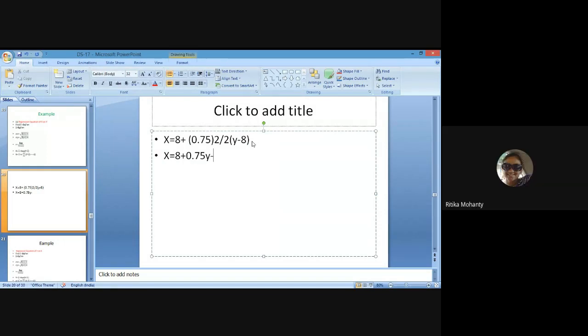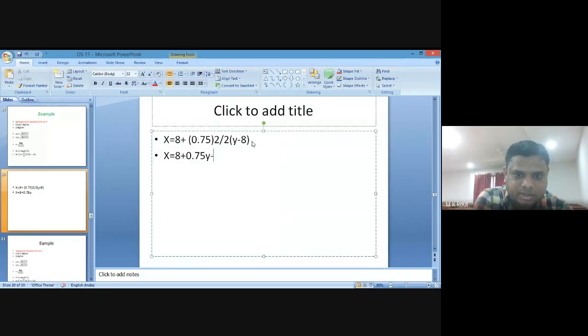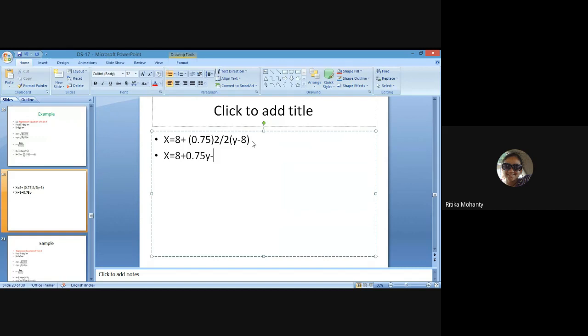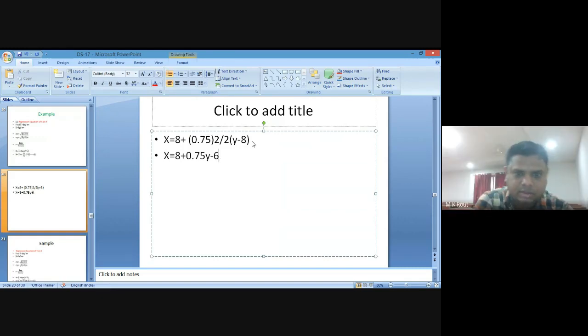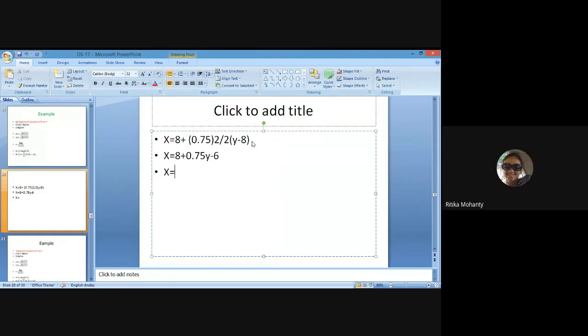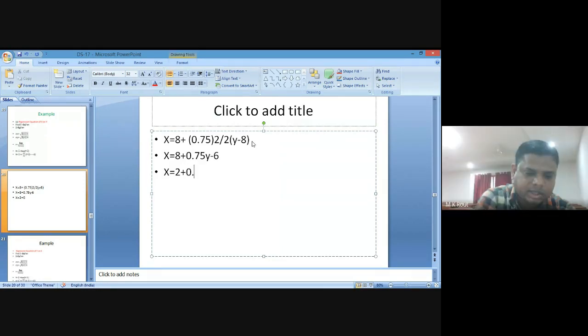The 2 and 2 cancel, so 8 minus 6, and further simplification gives x equals 2 plus 0.75y. This is the regression equation for x on y.